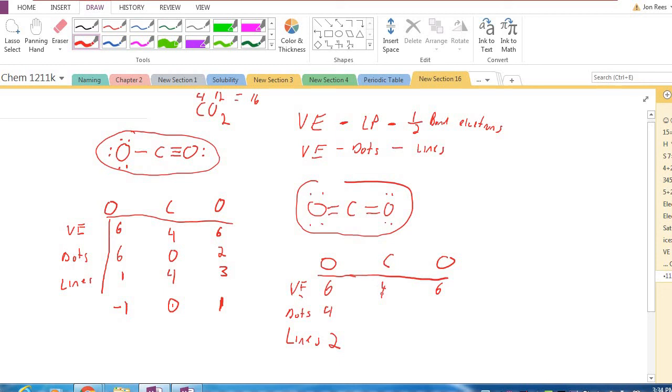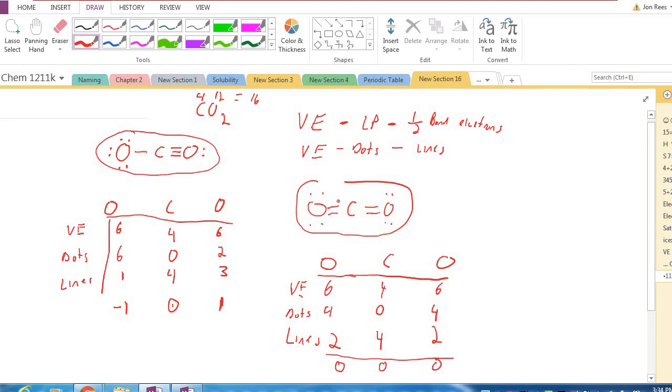For the carbon, the number of valence electrons is 4, the number of dots is 0, and the number of lines is 4. For the other oxygen, the number of dots is 4 and the number of lines is 2. So when we calculate the formal charges for this structure, 6 minus 4 minus 2 is 0. 4 minus 4 is 0. 6 minus 4 minus 2 is 0.